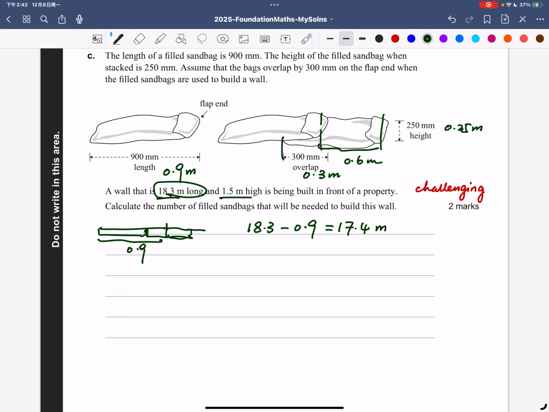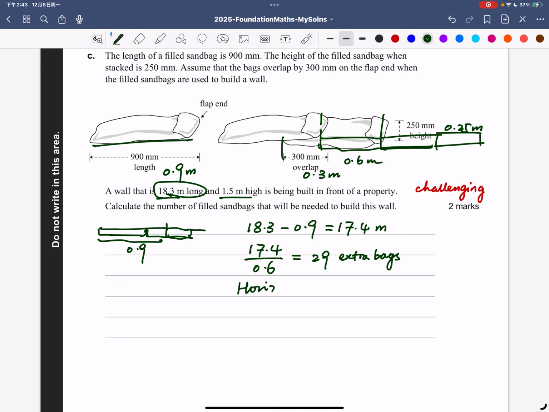I'm going to use 17.4 divided by 0.6. Basically, we just add 0.6 each time. That gives you 29 extra bags. Because I already have one bag at the start of the stacking, I just need to slot in 29 extra bags. So all the 30 bags are fully stacked.